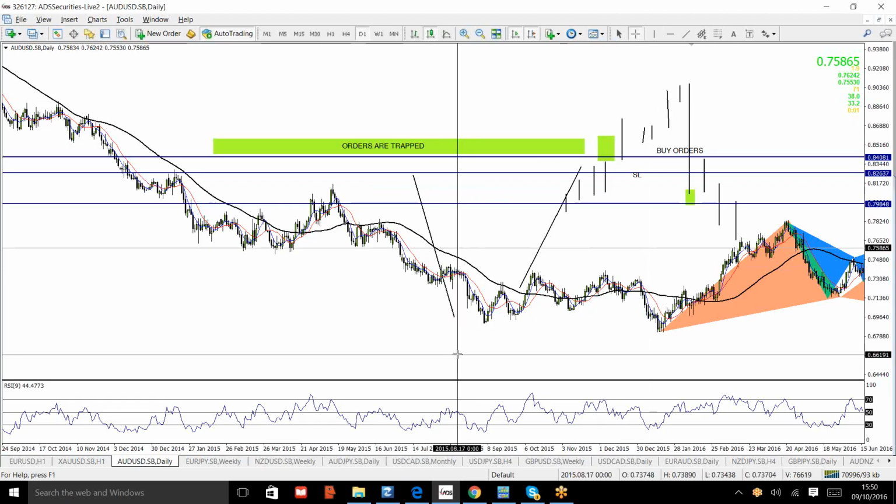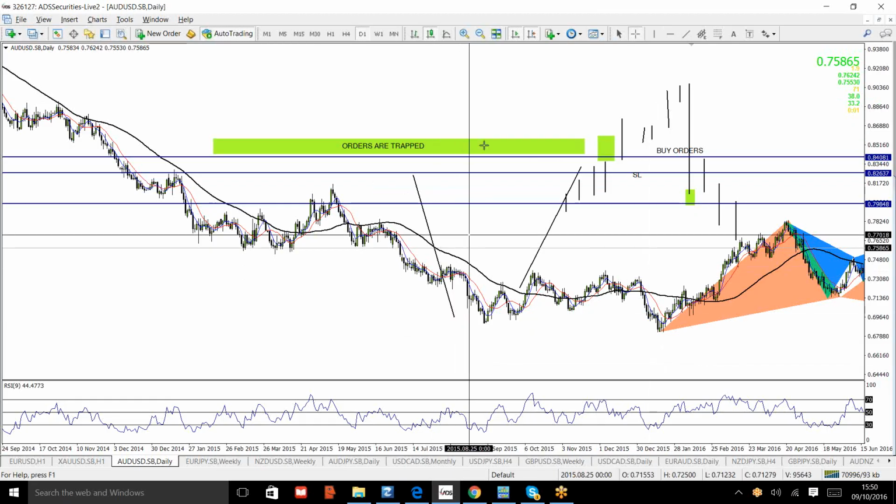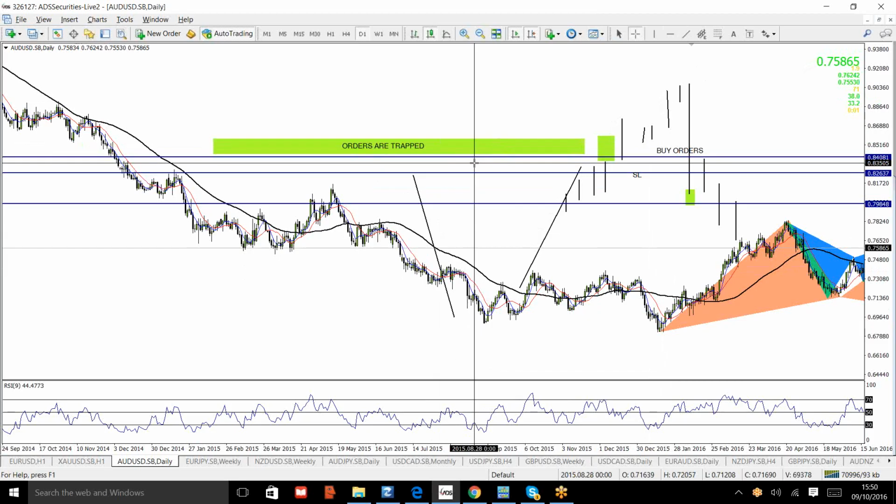The retail traders, the small weak holders, will try to somehow bring the price back to these levels again to release their stuck orders. Understand, guys? Do you understand what I said?